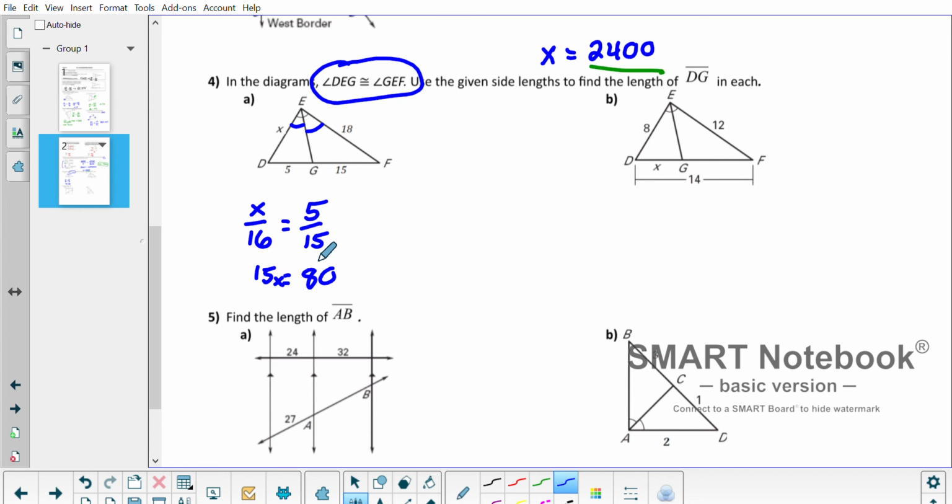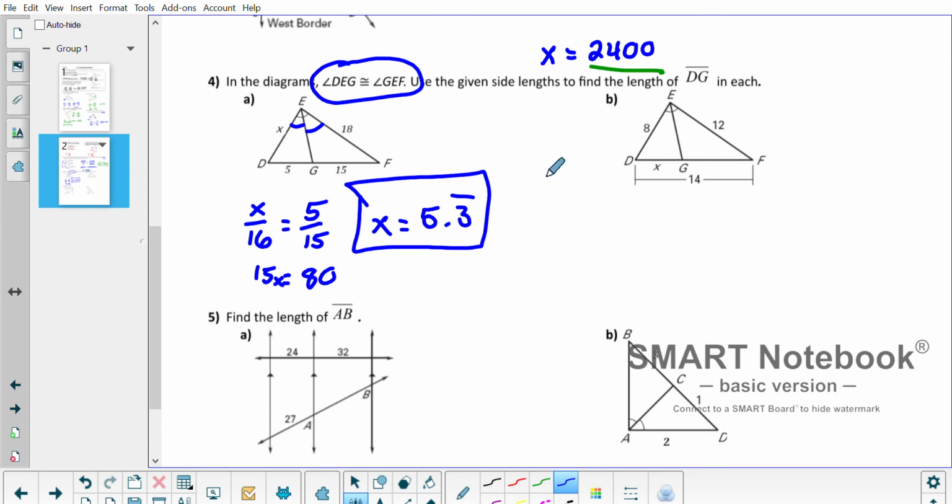So if we divide this out, 80 divided by 15 is going to give us 5 1/3, or 5.3 repeating, that missing side.